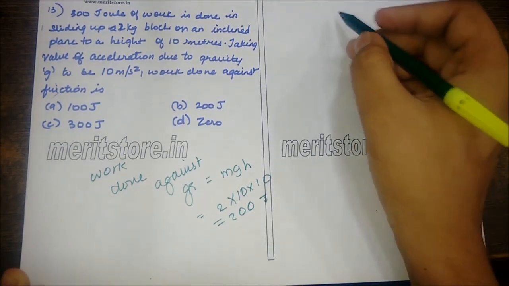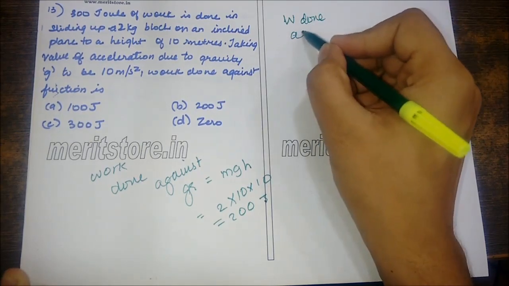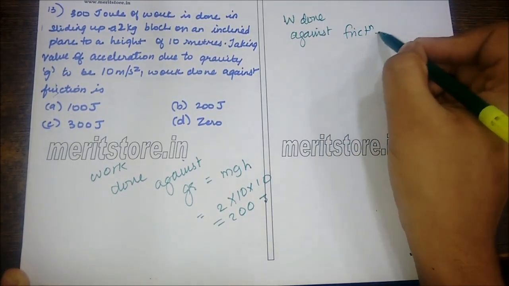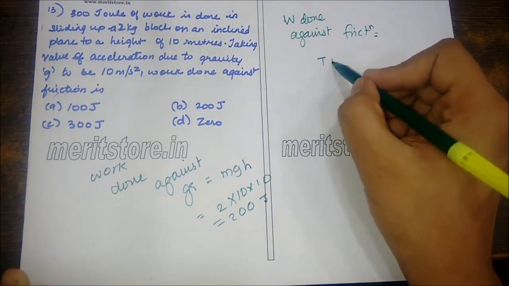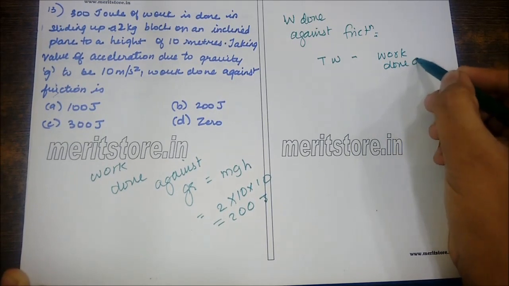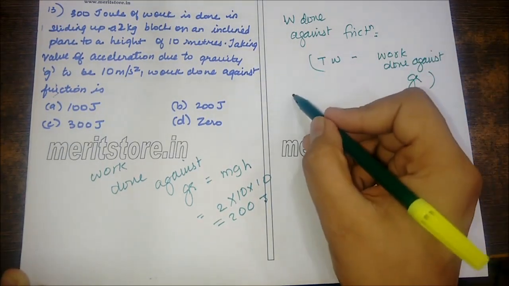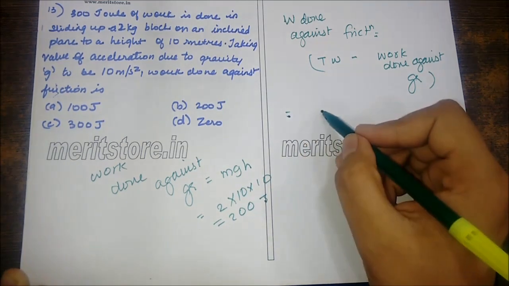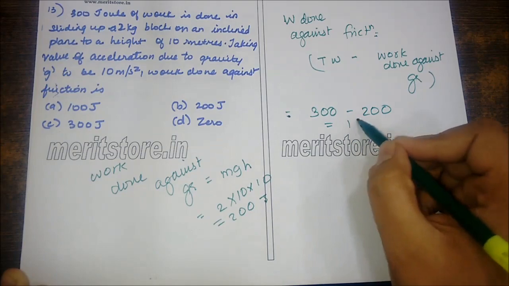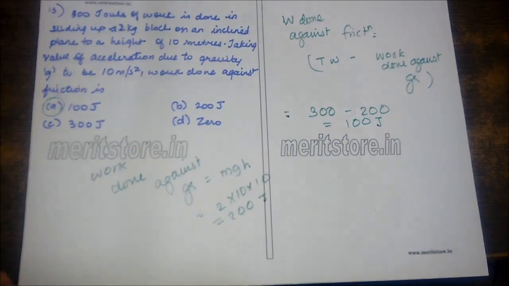Work done against friction is equal to total work done minus work done against gravity, which is equal to 300 minus 200, which gives out 100 joules. So option A, 100 joules is the correct answer.